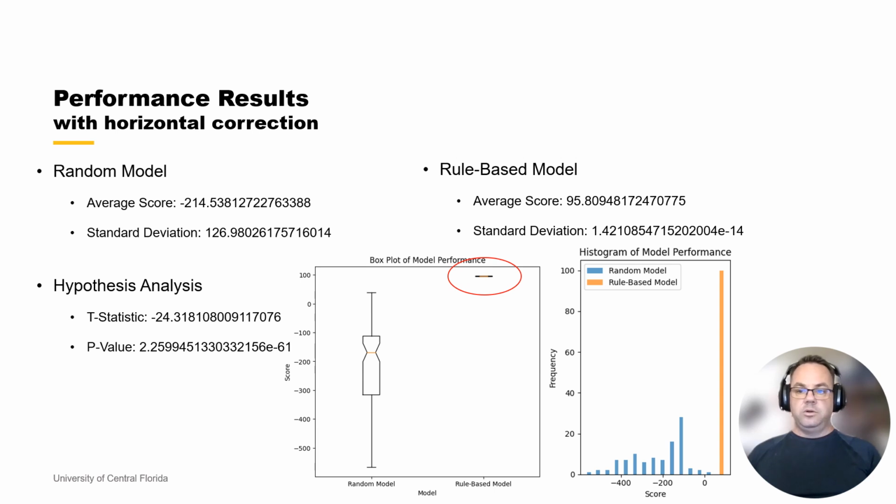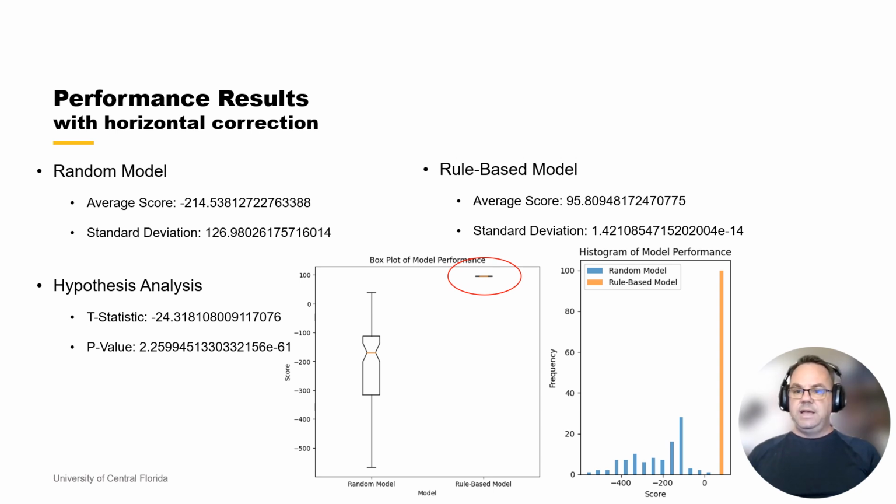The enhanced model shows an extremely tight cluster, which is barely visible at the top of the plot due to its high consistency. Every run produced nearly identical outcomes thanks to the effective integration of horizontal velocity. The histogram on the right for the random model is nearly the same, but the rule-based model is still a single bar, though it is much higher, at 95.